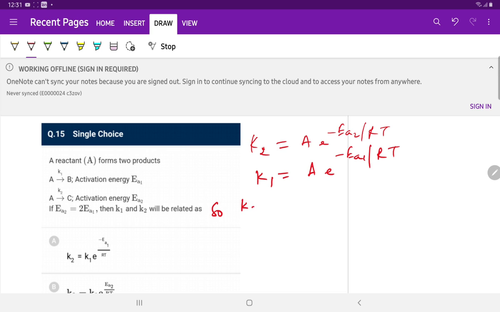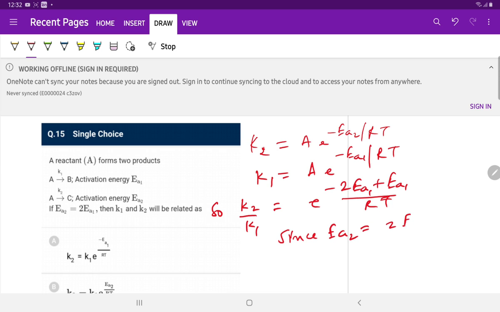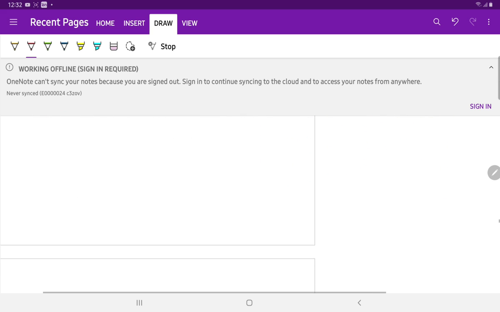So K2 by K1 is equal to e raised to the power minus 2 EA1 plus EA1 by RT. Since EA2 is equal to 2 times EA1, K2 is equal to K1 e raised to the power minus EA1 by RT. So option A is correct for question number 15. We'll move to question number 16.